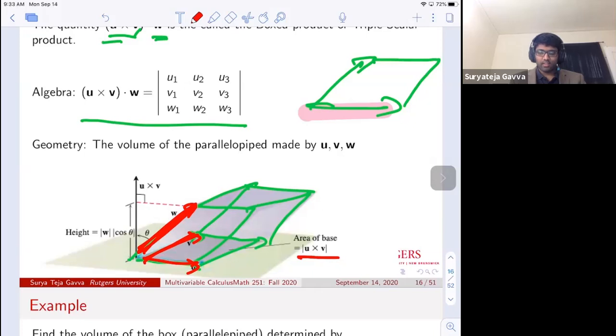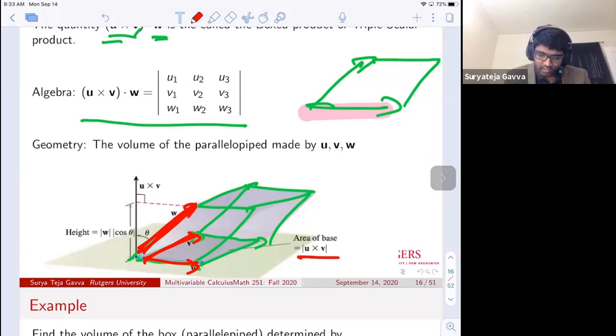If I want to know the height, I need to project this w. The w vector is slightly slanted, so I have to project it onto the perpendicular so that I get the height.